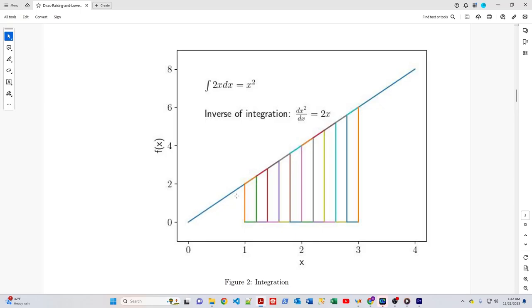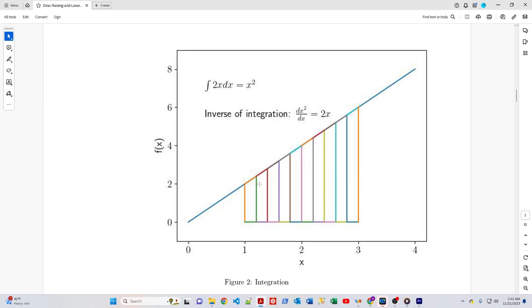So this diagonal line here is the curve. Well, it's a straight line, but I'm calling it a curve, given by y equals 2x.